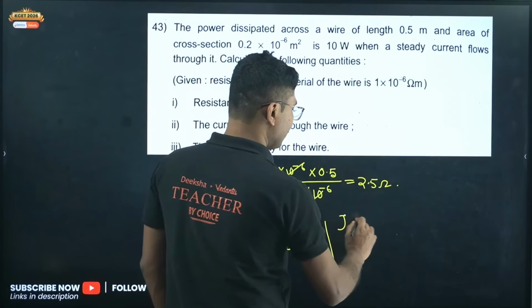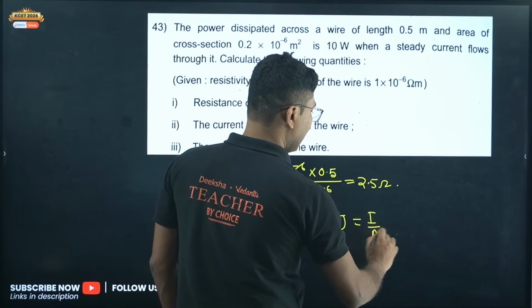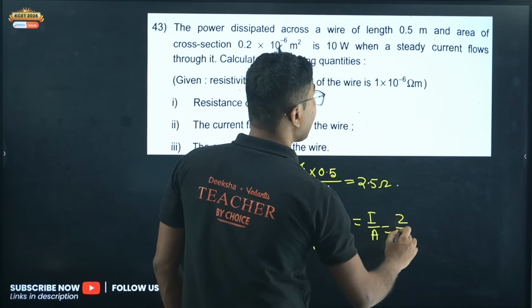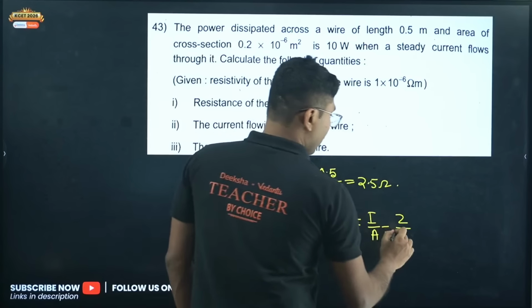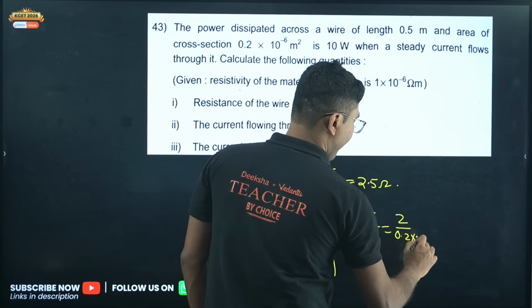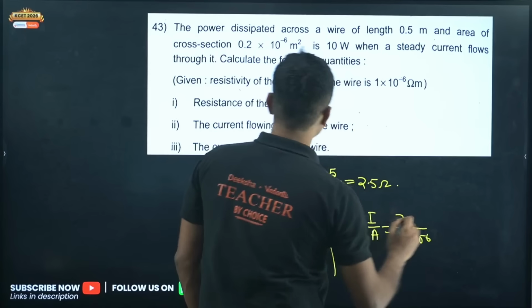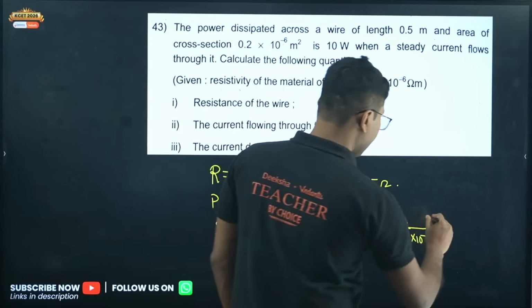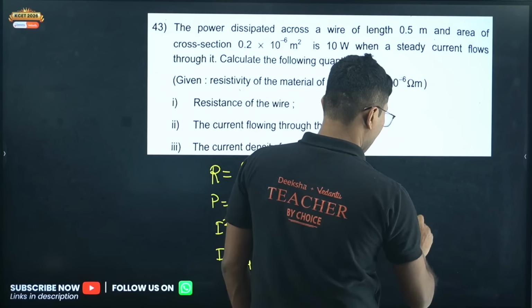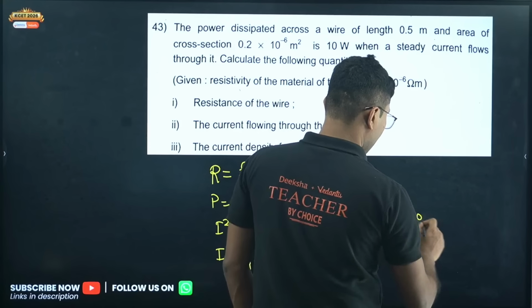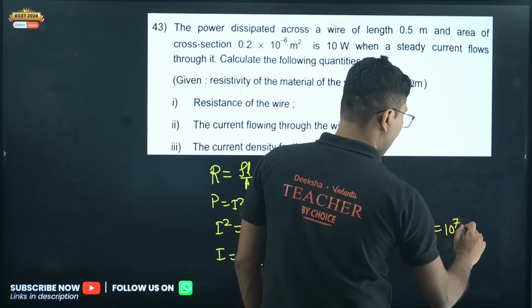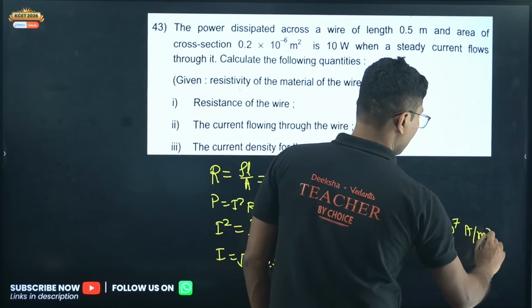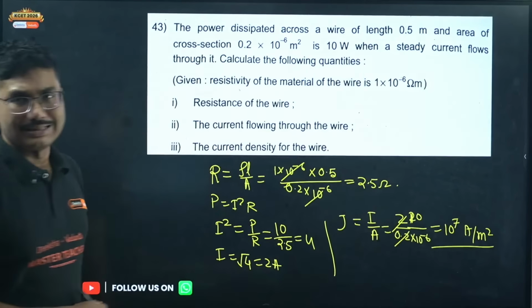Current density J is equal to I upon A, so 2 divided by 0.2 into 10 to the power of minus 6. Okay, so it will be 10 to the power of 7 ampere per meter square. Okay, so this is the current density.